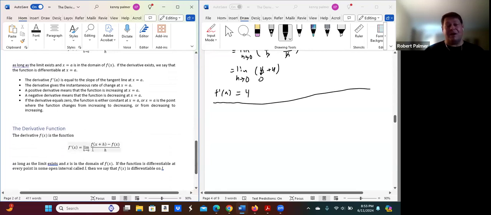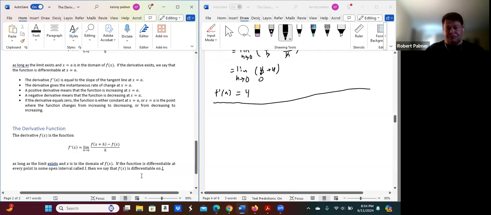And that gives us a function which would give us the derivative at any point where the derivative is defined. Once again, assuming the limit exists, and x is in the domain of f. I meant to say that if we can take the derivative at a point, the function is called differentiable at that point. And if the function is differentiable at every point on some open interval I, we say that f of x is differentiable on this interval I.